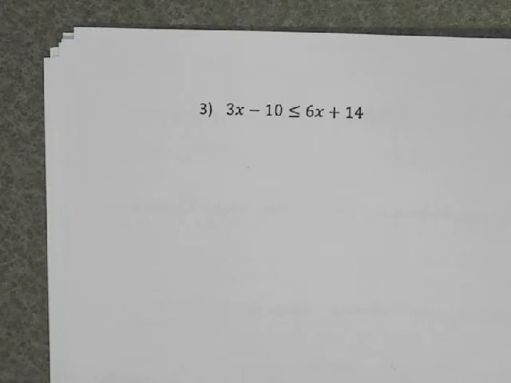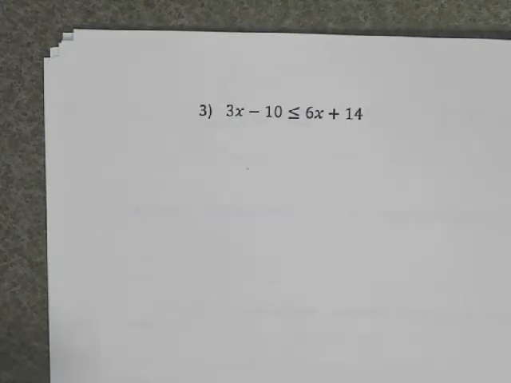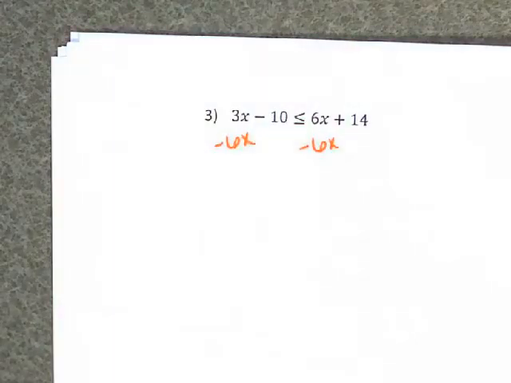So what I would choose to do here is subtract 3x from both sides first. Okay, but then my x's would be on the right, so I'd have to flip it in the end. So maybe you're going to choose to subtract 6x from both sides to move it to the left, because that's where you know you want your x's to be.